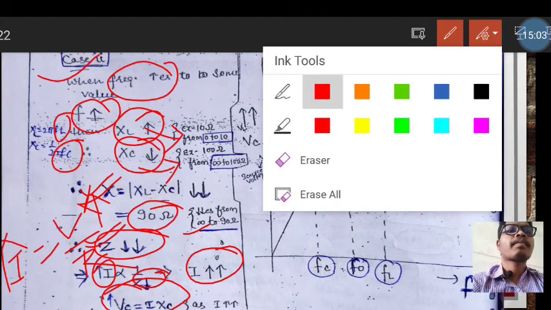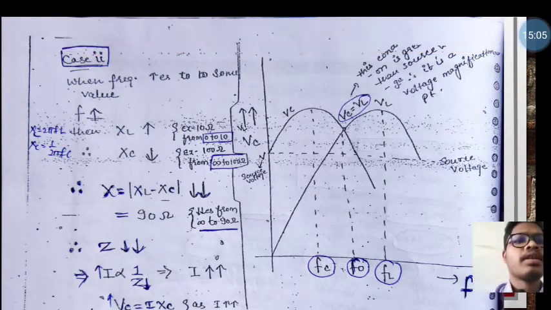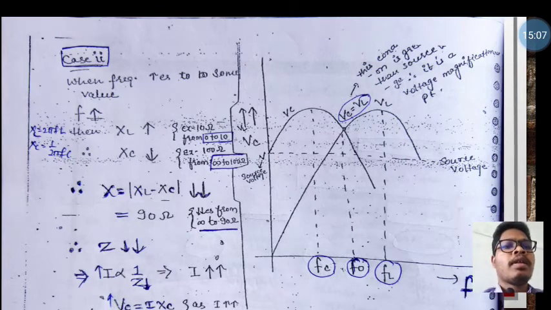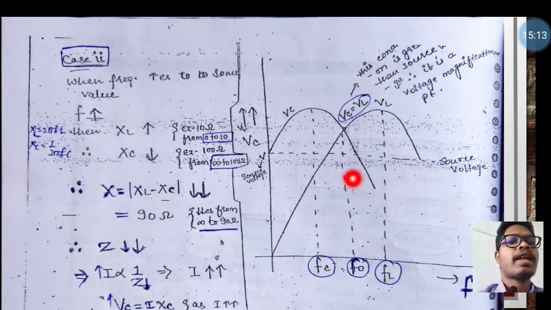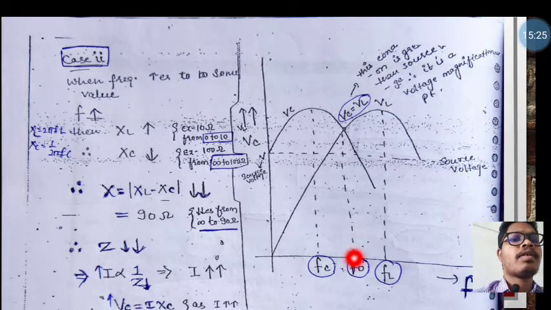Okay, and see the diagram. This is the voltage across the capacitance, that is Vc, which is leading the current by 90 degrees, and this is the diagram of VL, which is lagging the current by 90 degrees. At the crossing point of VL and Vc, there is the resonance frequency F0.